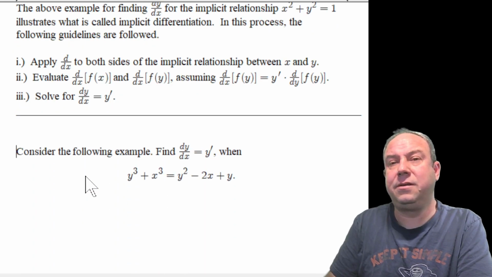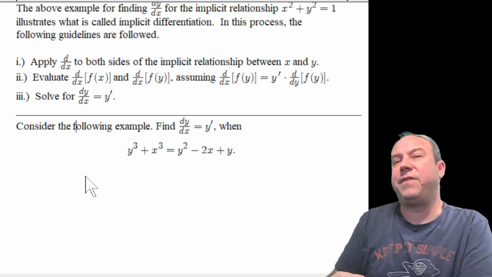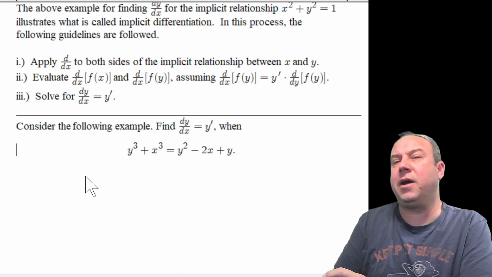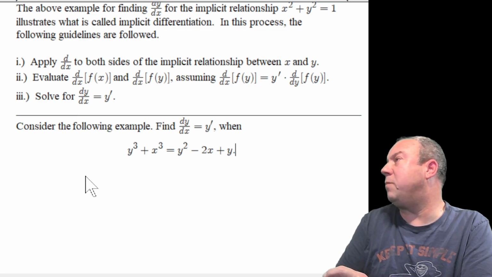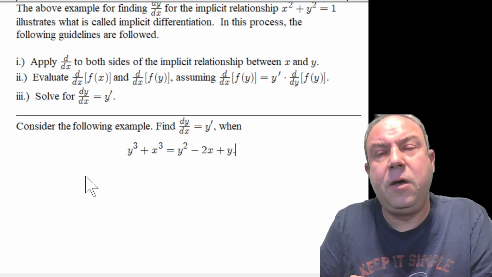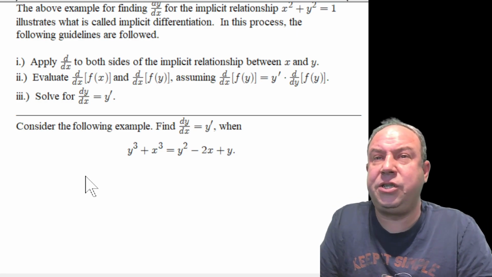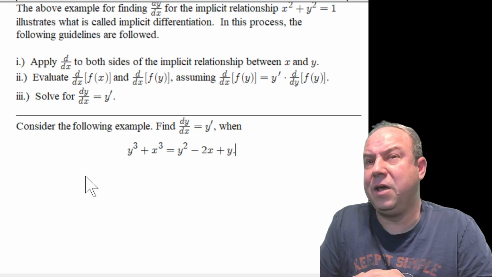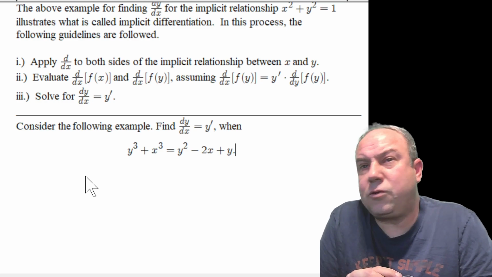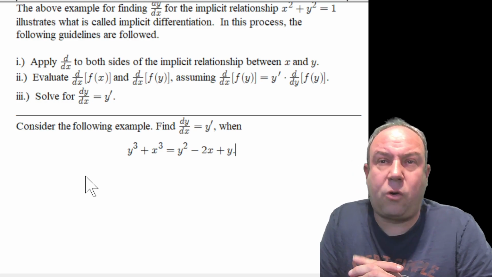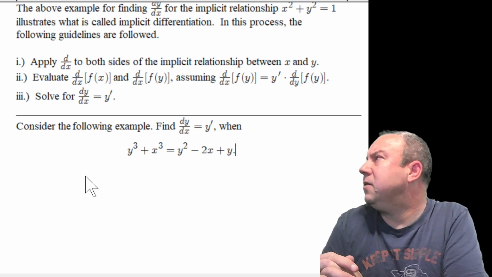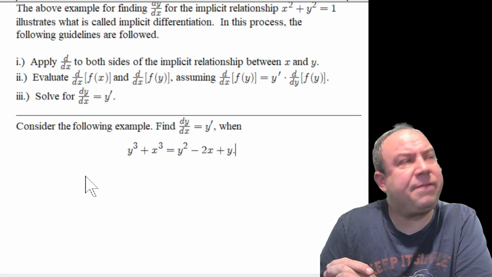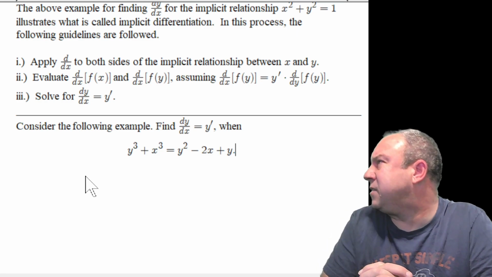Let's consider finding dy/dx or y prime when we have y cubed plus x cubed equal to y squared minus 2x plus y. When we have this implicit relationship, notice attempting to solve for variable x or y would be really kind of pointless. We could put in a lot of effort and probably not be successful at all.